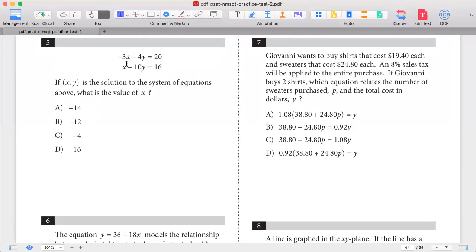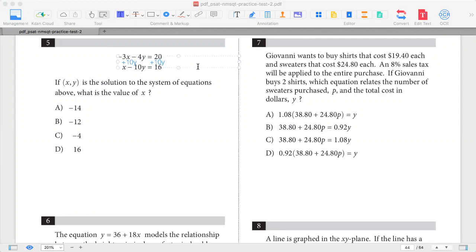What is the value of x here? I want to isolate x here, to keep x alone in one side, to get its value. So I will add 10y in both sides.